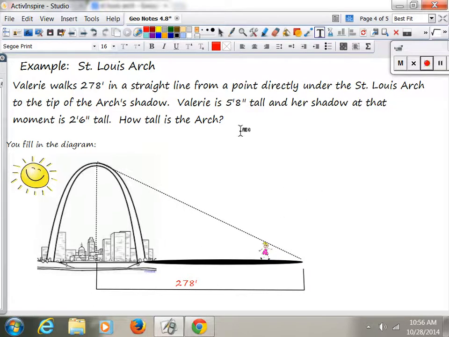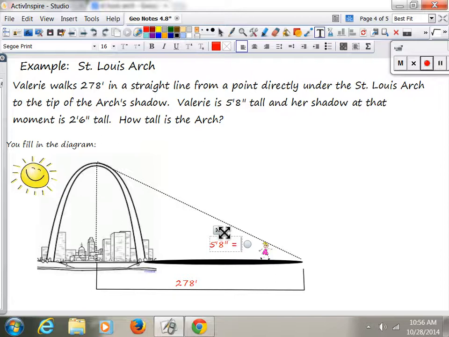Now it says Valerie is 5'8" tall. So she found out where the end of the arch was, and she backed up so that her shadow ends at the same spot that the arch's shadow does. And she's 5 feet 8 inches. Do we want to do total inches?